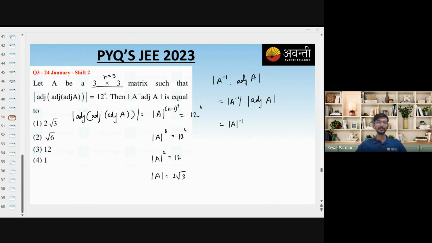I hope you know determinant of adjoint of A is determinant of A raised to the power n minus 1, which is 3 minus 1, because it is only one adjoint, right? So this will be 1 upon determinant of A into determinant of A square. We can cancel out 1. So this is equal to basically determinant of A itself, which is 2 root 3. That means the correct option is option number 1. Right, guys? Chalo, I hope it is clear. So now let's move to the next question.